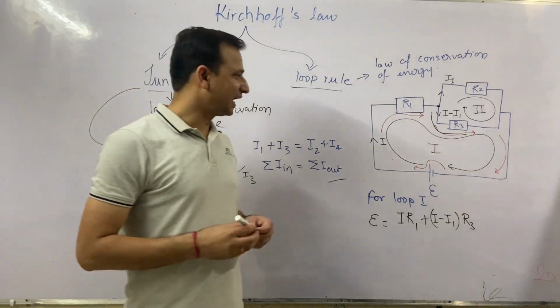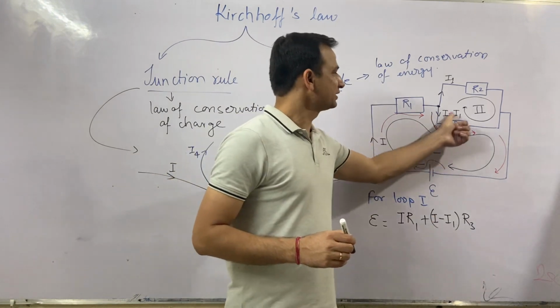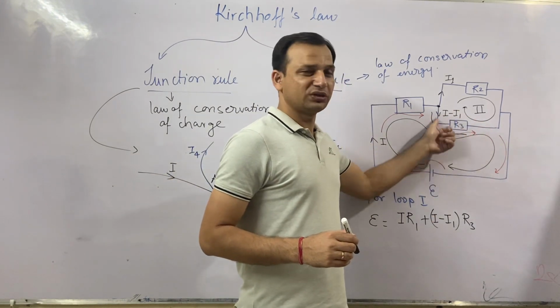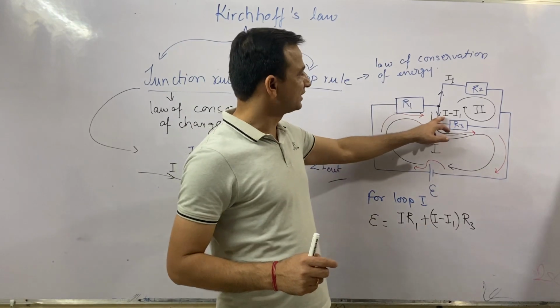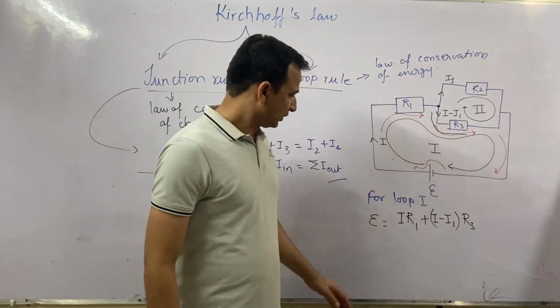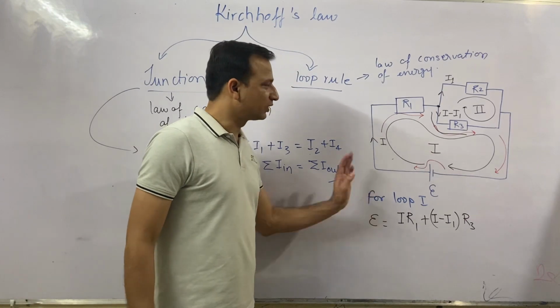Why am I taking I minus I1? Because through this resistor R3, the current flowing is I minus I1. So you got the equation for loop 1.